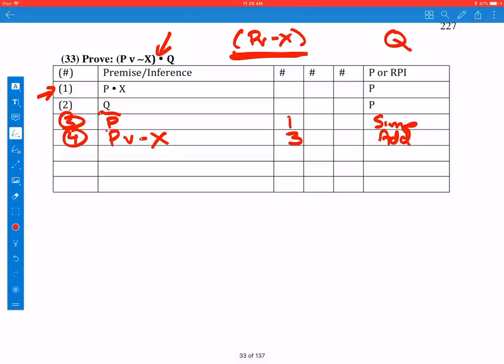So now look, we've got P or not X, and we have a Q on line 2. So all we have to do is put them together. P or not X and Q. That was lines 2 and 4 by conjunction.